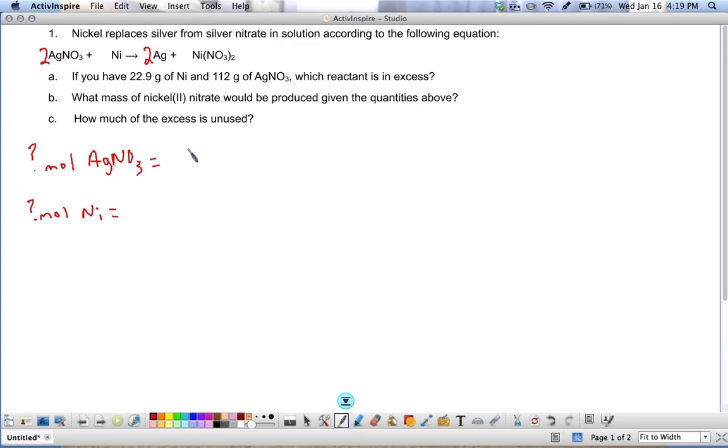Okay, moles of silver nitrate, we start with 112 grams silver nitrate. And to get into moles, we need to use the molar mass.